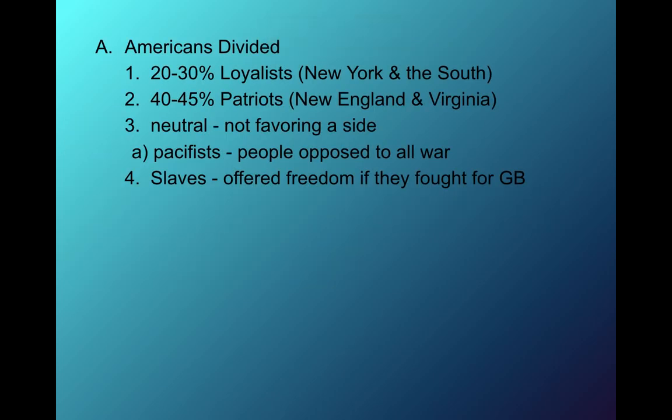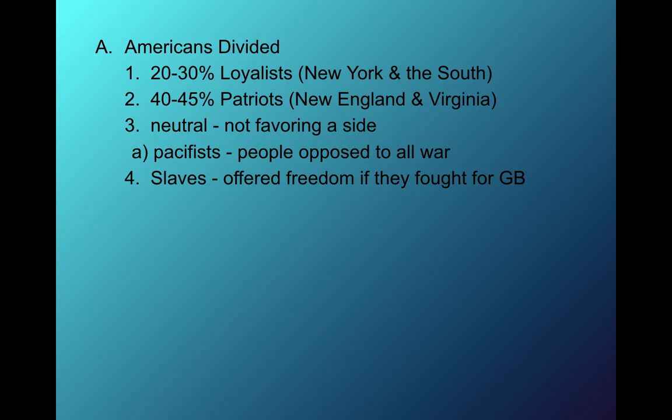Here's the thing. When we look at Americans and their division, and we talked about this in class also last week, if we use that continuum at the front of the classroom representing the entire population, 20 to 30% of America were loyalists. And most of them were in New York and in the South. They were less upset by the taxes and the mistreatment that the British were imparting on them.